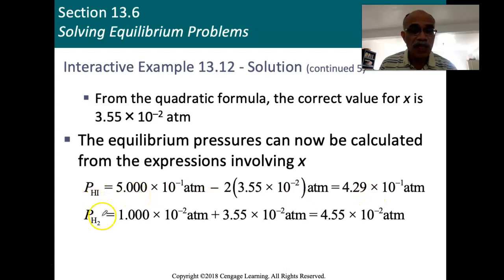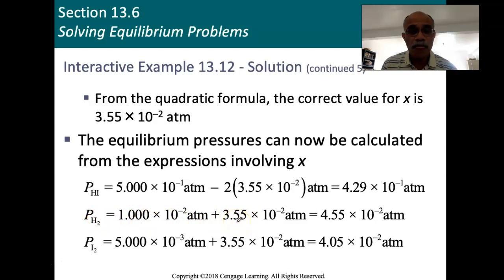For the two reactants, we add x to that. Likewise, you add the quantity x, which is 3.55 times 10 to the negative 2. So these are now the equilibrium quantities, in this case pressure.